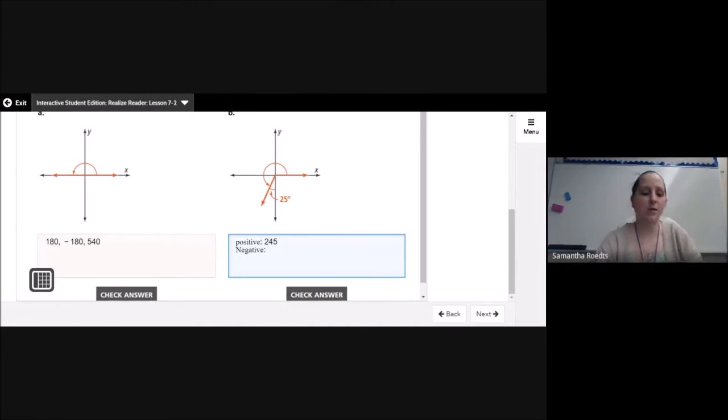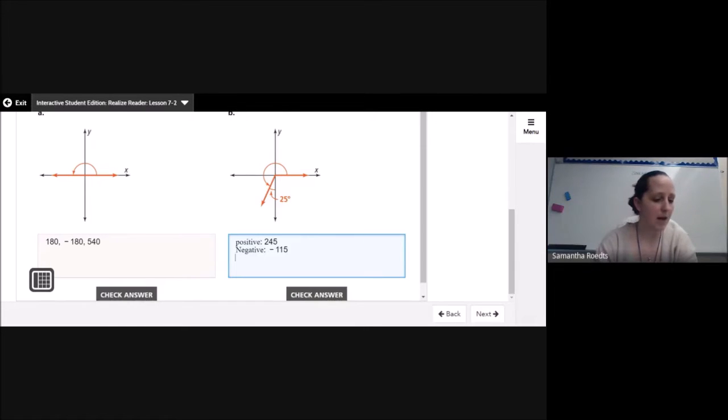My negative is going to be 360 minus 90 minus 25. I'm going to take 245, which was my positive, and then subtract it from 360, which gives me negative 115 degrees.